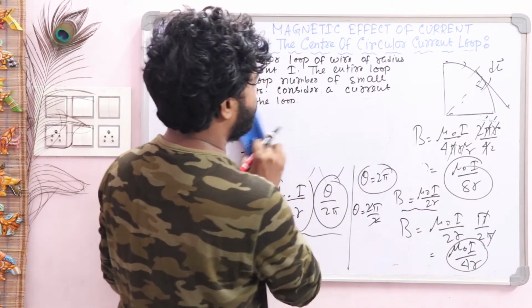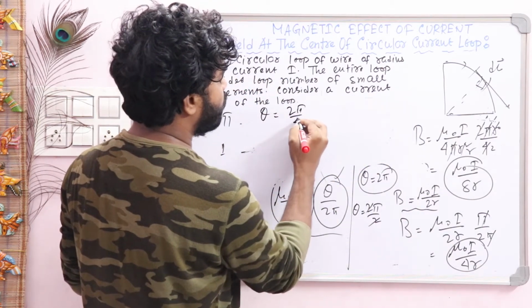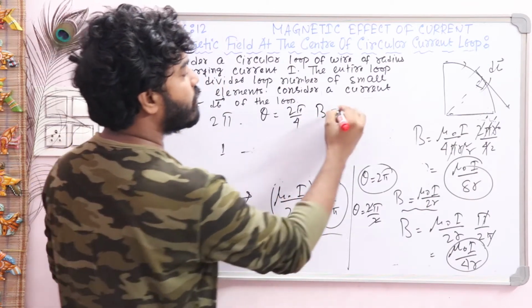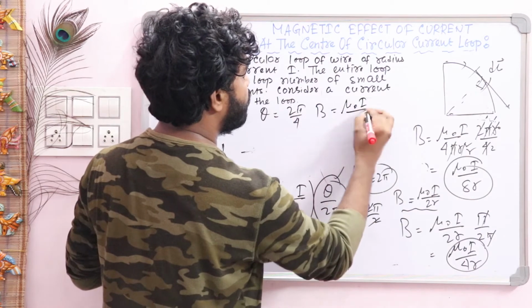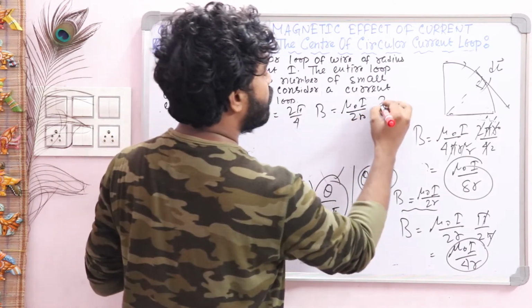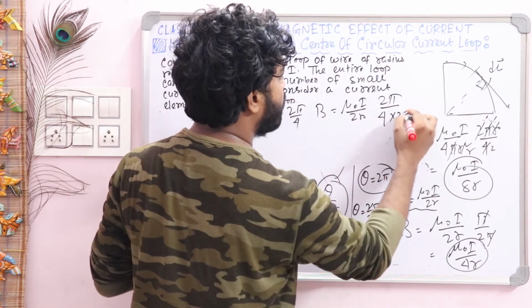If theta is equal to 2 pi by 4, that is for a quadrant, then use this general formula. B is equal to mu naught I divided by 2R. In the place of theta, you write 2 pi by 4, and there is 2 pi, so 2 pi cancels out.